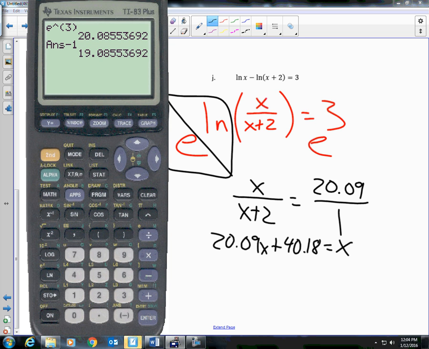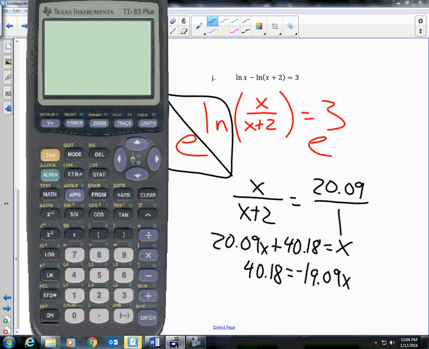We subtract 20.09x on the other side, we get 40.18 equal to negative 19.09x. And we take 40.18 divided by negative 19.09.